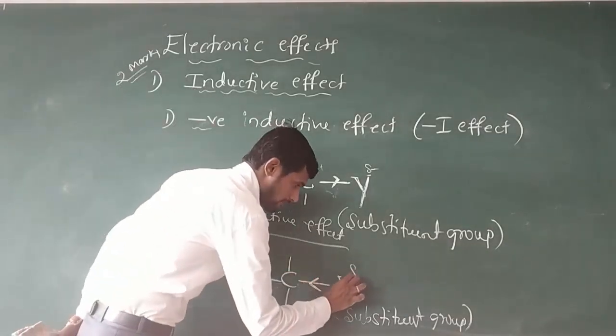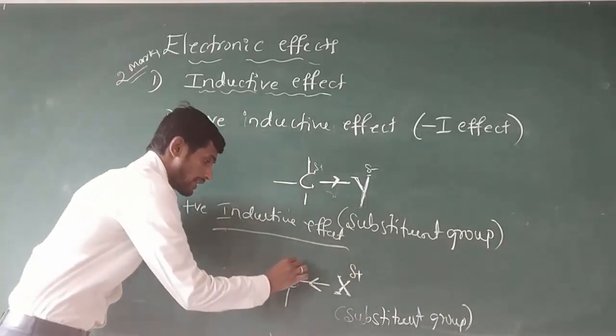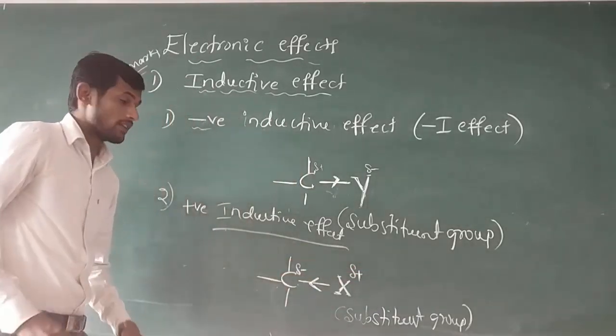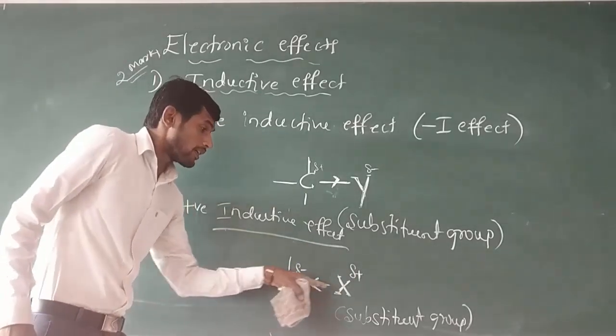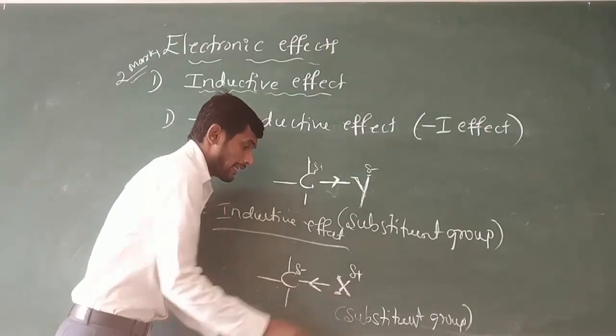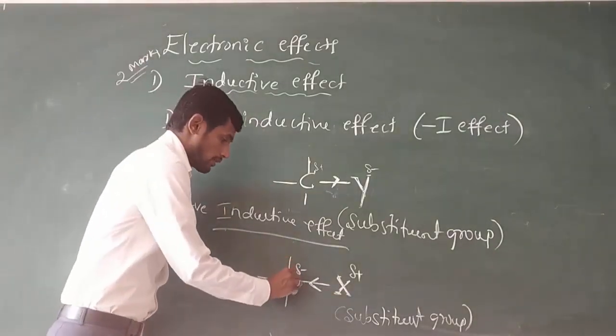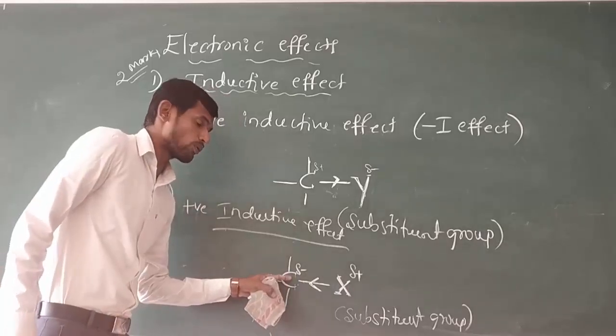During this time, this substituent group has partial positive charge and this one gets negative charge. This shows the substituent group is more electropositive than this, because now this one acts as the more electronegative.